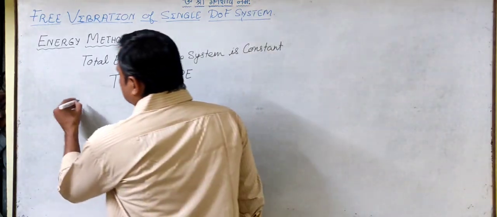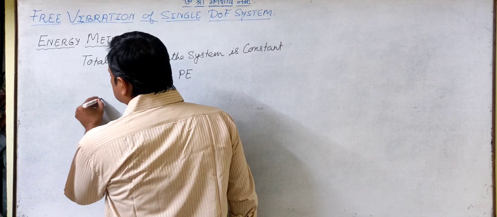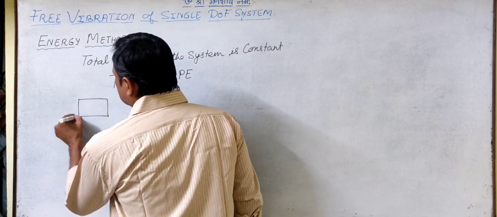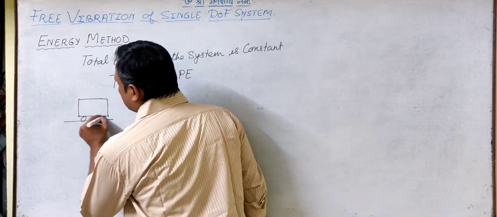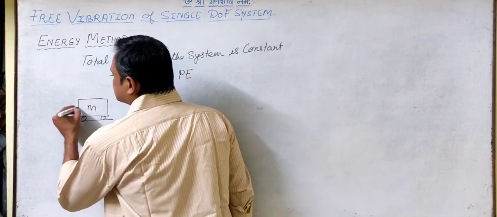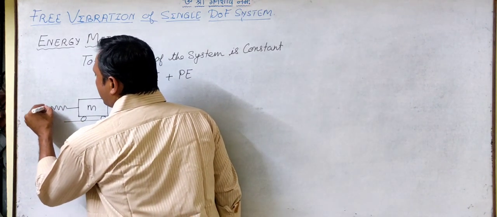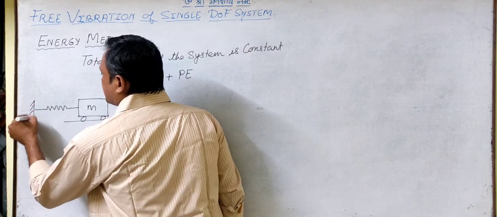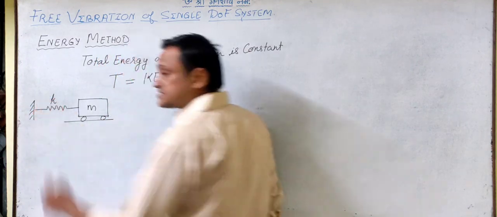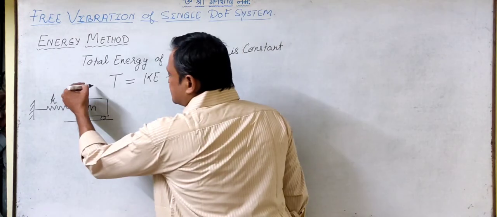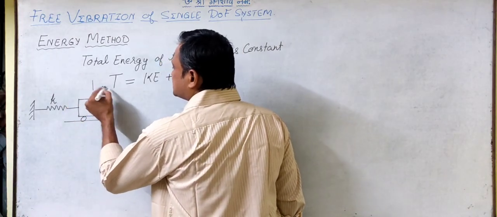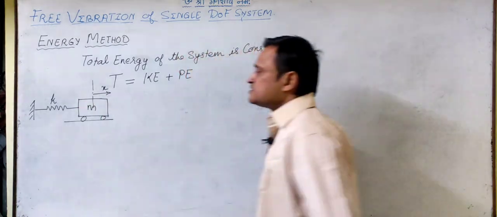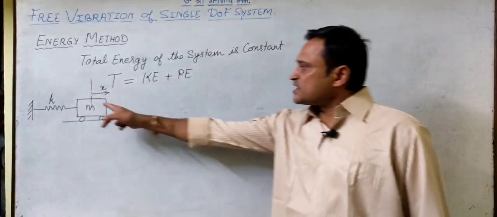And so again, if I take up the same example, having mass with some stiffness as k, and this is the equilibrium position, and the displacement is taking place this way. So when this is moving, there is kinetic energy.